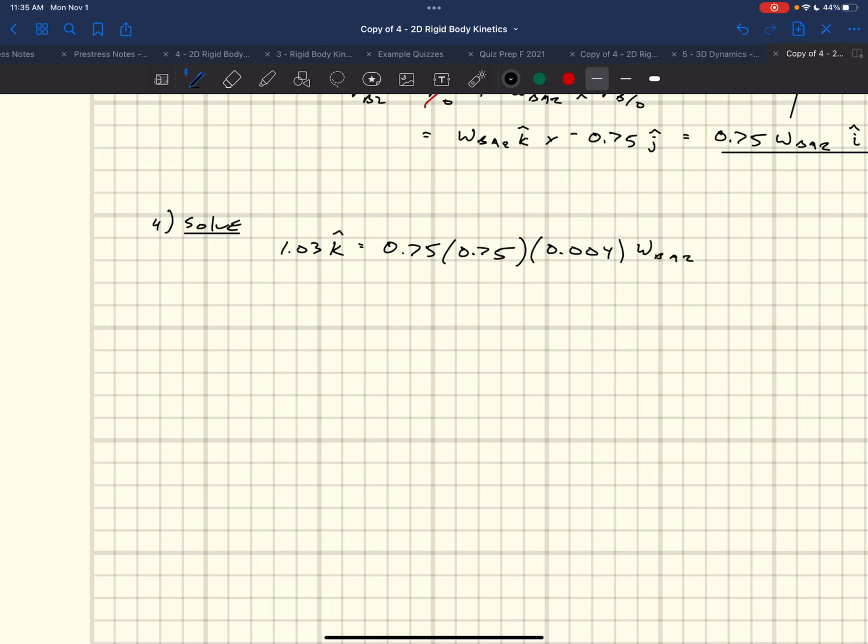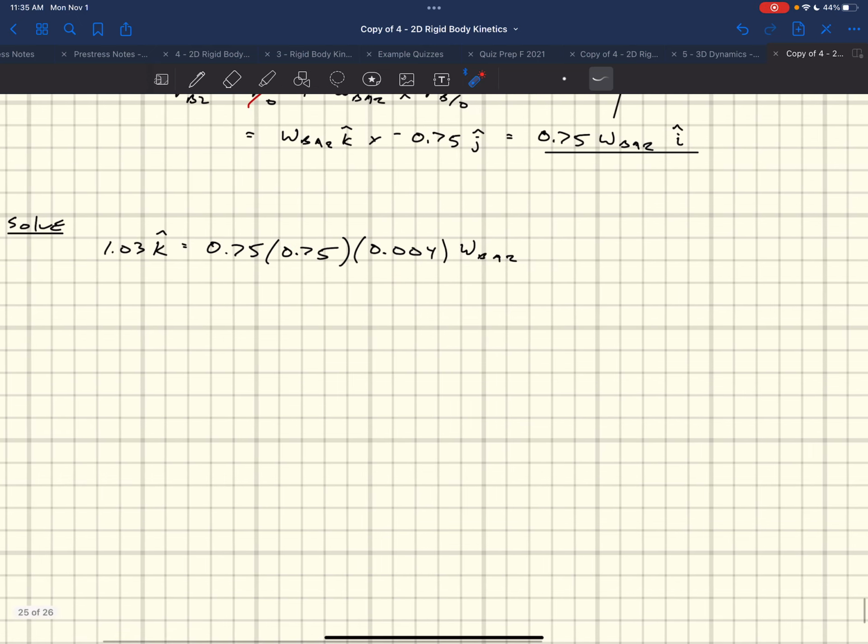So one of those 0.75s and omega bar, that's what VB2 is. And then this is the 0.75 that was there before, and then that's the mass. I just wanted to write it there with all the numbers out front in the K, plus IO, which is 5/3 times omega bar. Okay. Good thing everything's in the K there. So that's it. We know everything in there except for omega bar, and we can solve.